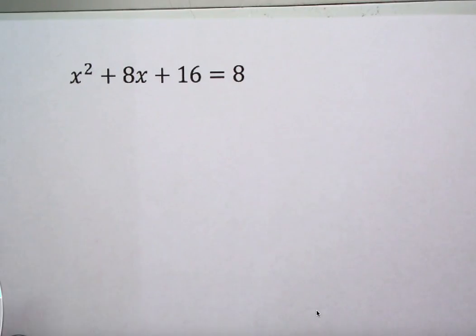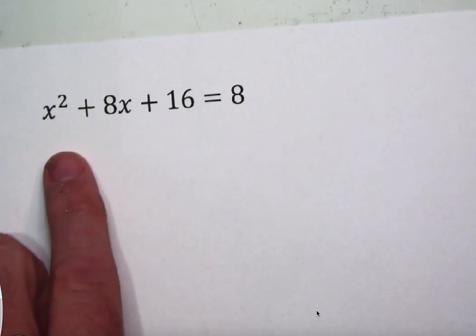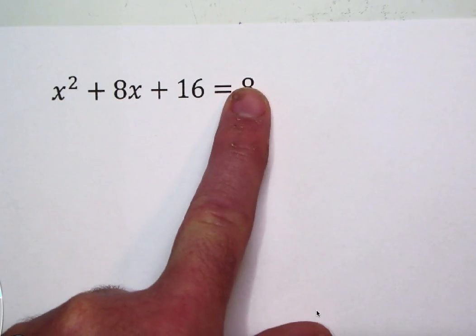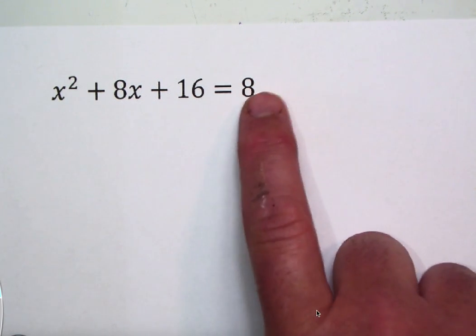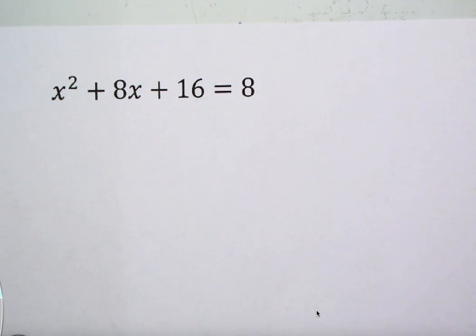Okay. So I want to show you an example. We have x squared plus 8x plus 16 equals 8. If we wanted to try to factor it, we have to subtract 8 from both sides and get it equal to 0.